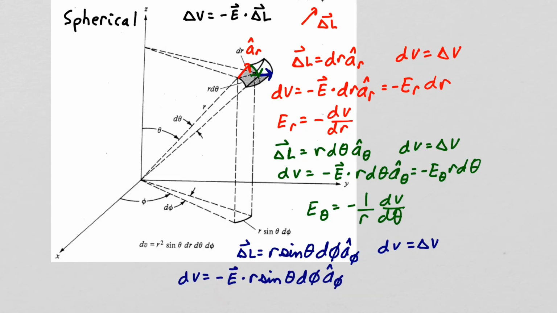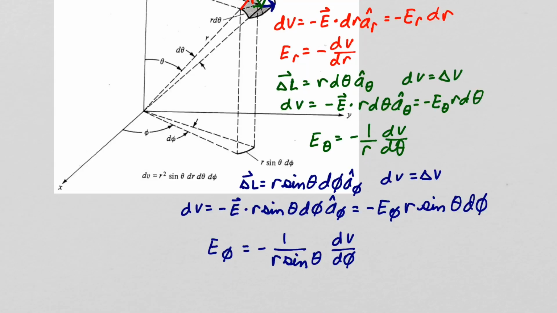And now we can solve for E sub phi. And we find that E sub phi is minus 1 over r sine of theta times dV d phi. So now that we have the three components, we can write the equation for finding the electric field intensity from the potential field in spherical coordinates.